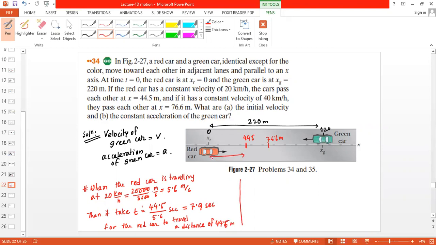44.5 meters. And at the same time, so at 7.9 seconds, the green car is traveling how far?